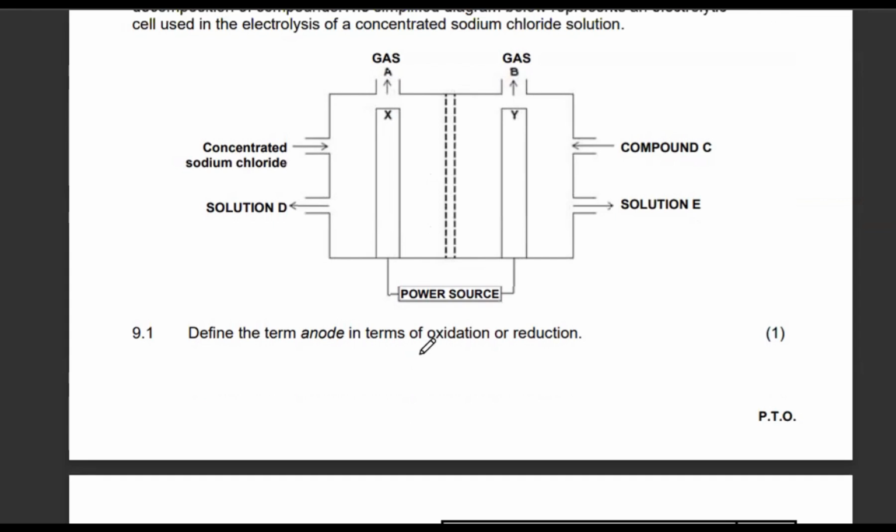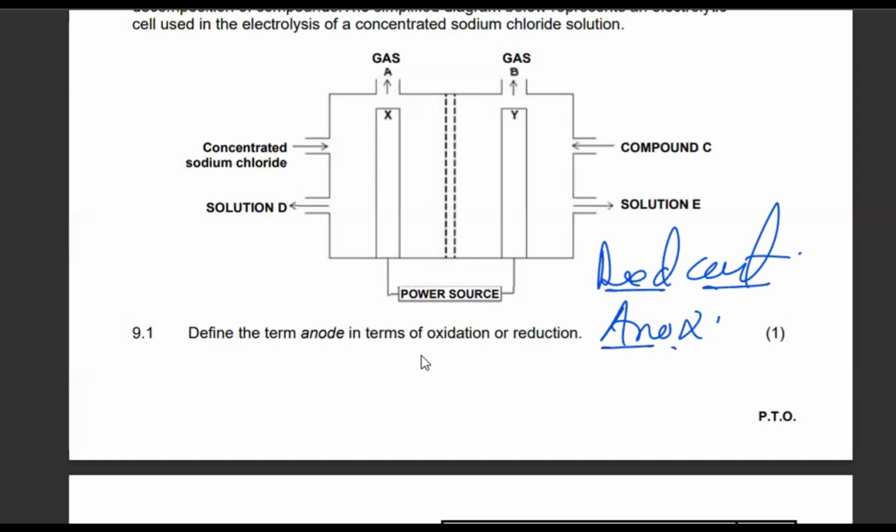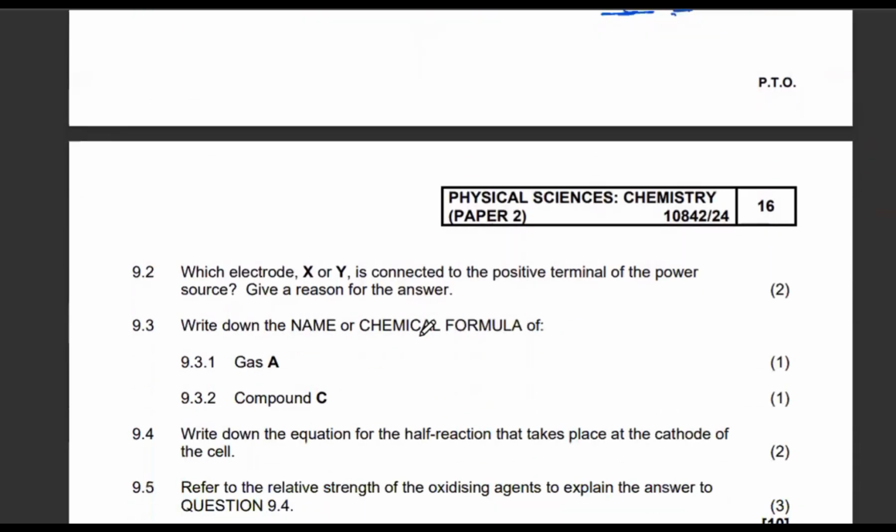An anode is an electrode where oxidation takes place. Remember we said reduction at the cathode, oxidation at the anode. Which electrode, X or Y, is connected to the positive terminal of the power source? Give a reason for your answer.